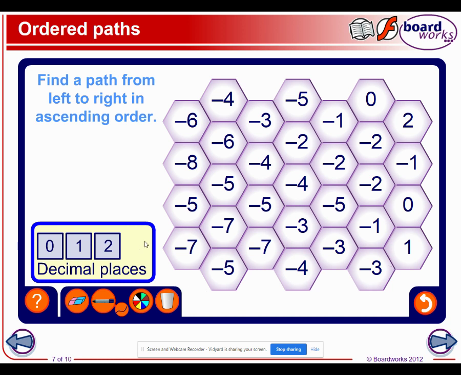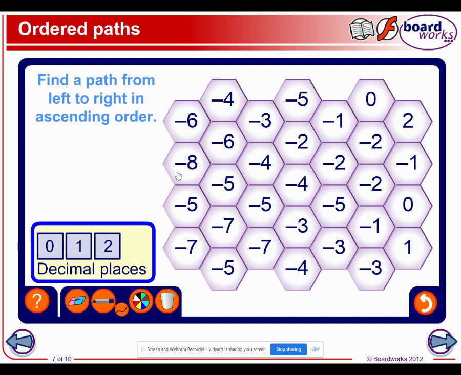So I'm going to start with -7. A number that's bigger than -7 is -5, but then we go back to -7, so that's not going to work.